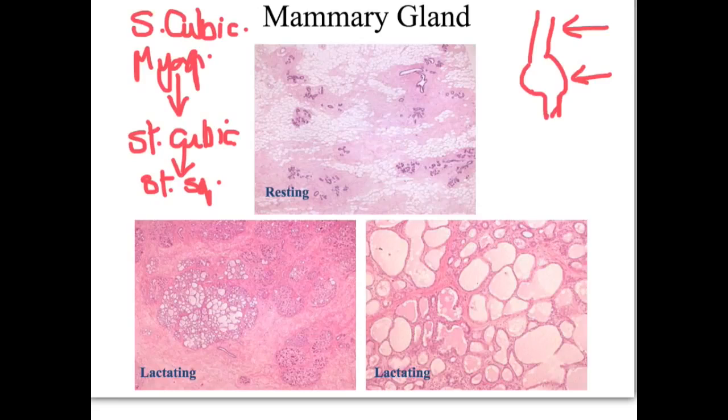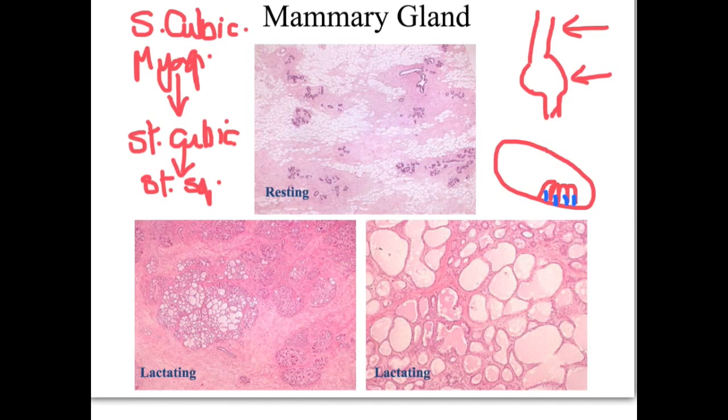If you are asked about the lining epithelium of the secretory alveoli, the lining actually depends on the activity, but most commonly it is lined by simple columnar epithelium, of course with basal oval nuclei.